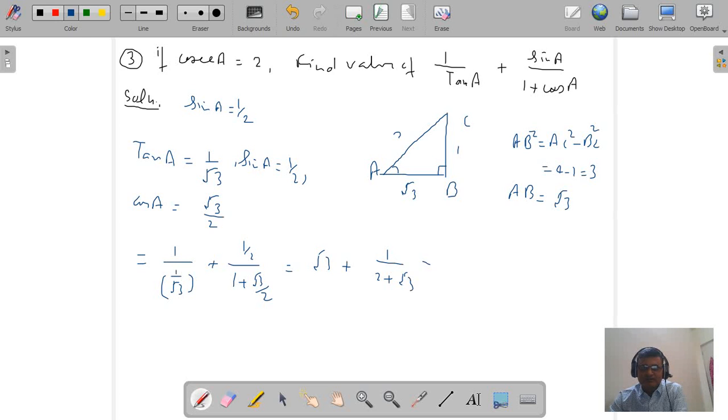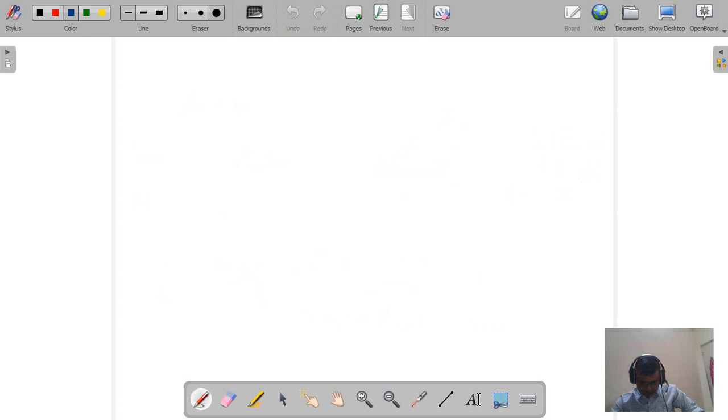Now we are just rationalizing it: 2 minus root 3 upon 2 minus root 3. So this is going to be root 3 plus 2 minus root 3. So root 3 gets cancelled. So the answer is 2. So you can see how we are using this kind of formula to solve the question. Now we are moving to the next question.